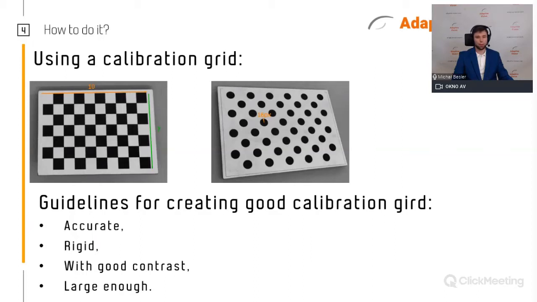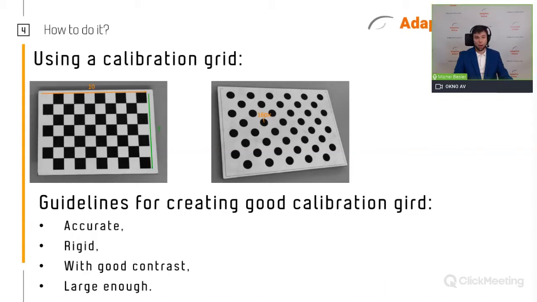A good example is the circle board or the chess board. In each case, we have clear either dots or squares, and we can use both of the grids for image calibration.